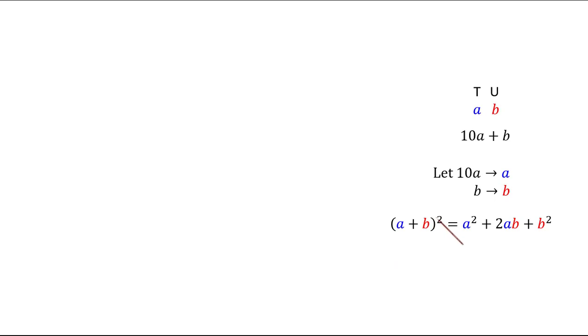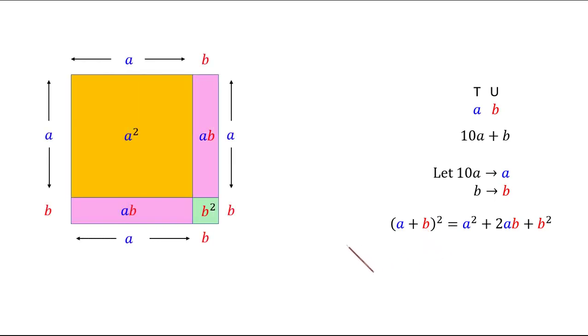We know that (a plus b) the whole squared is equal to a squared plus 2ab plus b squared. So over here, though I may not be writing 10a, this a, since it is written in blue color, is actually 10a. And b, since it is written in red color, is a unit b, 1b. The geometric interpretation of the same is as follows. Let us say we have a perfect square whose sides are a plus b, a plus b.